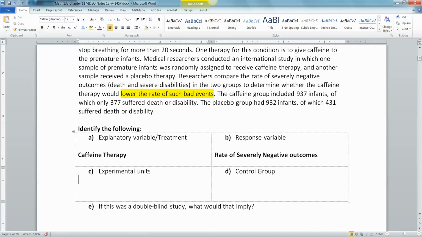So you don't want bad things to happen to these babies. So your experimental unit obviously is the premature babies, right? And then the control group would be the infants that are receiving the placebo treatment, right? So they would be touched maybe, but not be given the actual injection, that kind of thing.